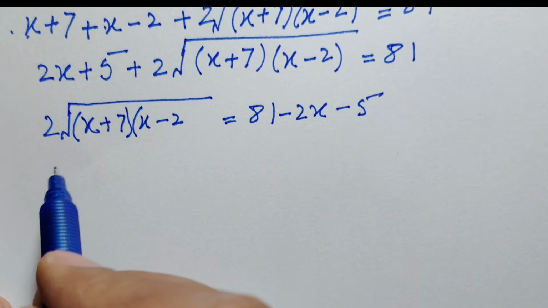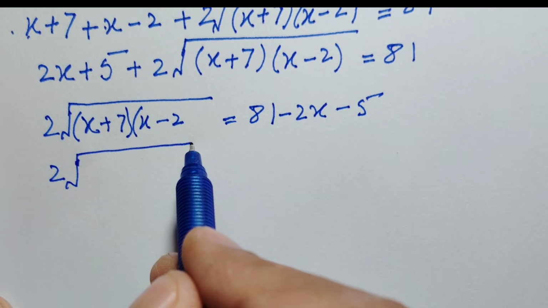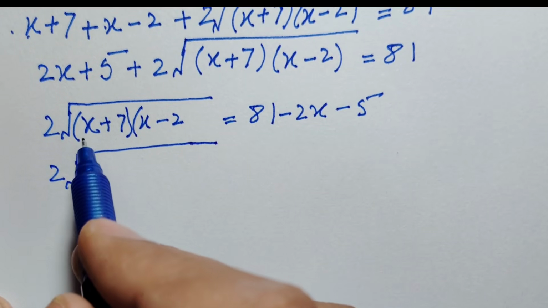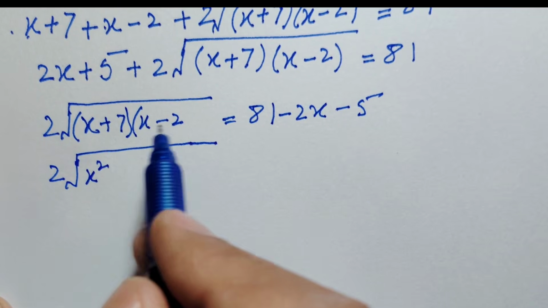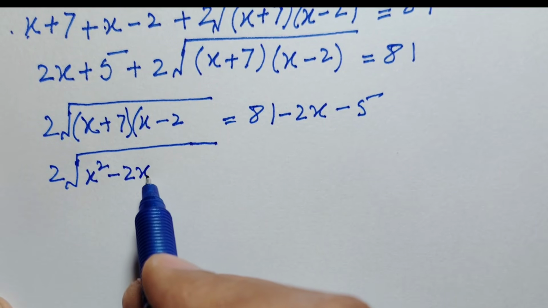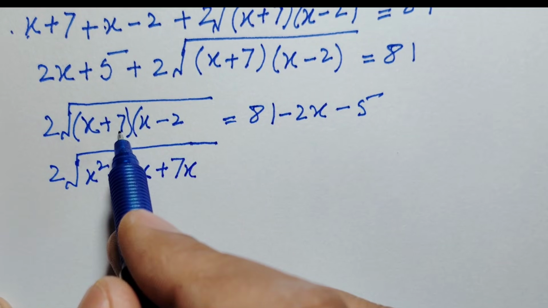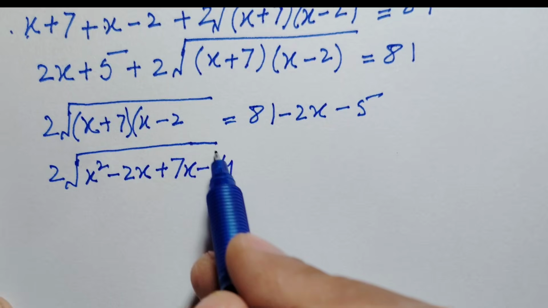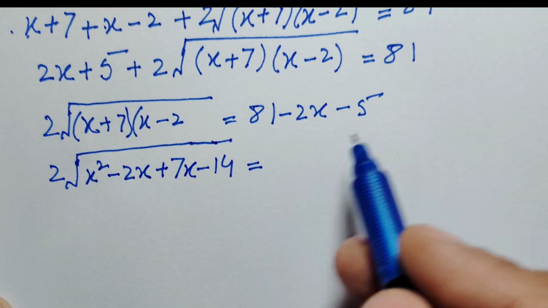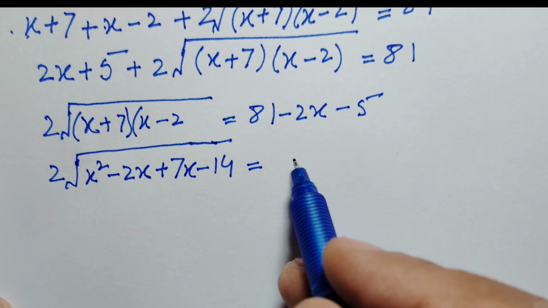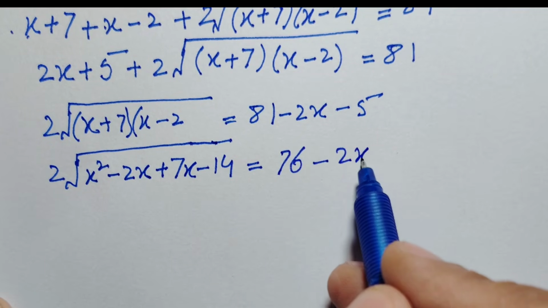Further, we have 2 square root x into x, x square, x into 2 minus 2x, 7 into x plus 7x, 7 into 2 minus 14, is equal to 81 minus 5, which is equal to 76 minus 2x.